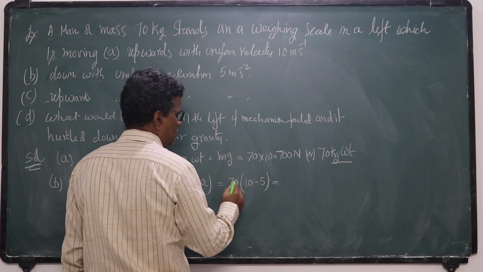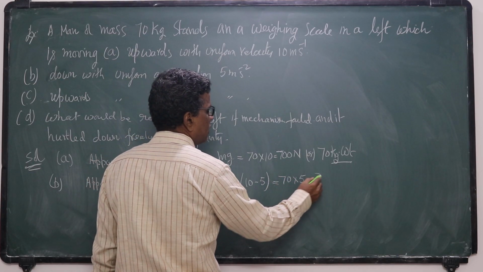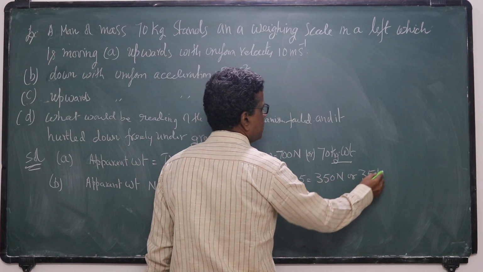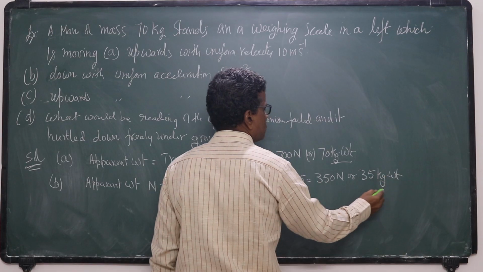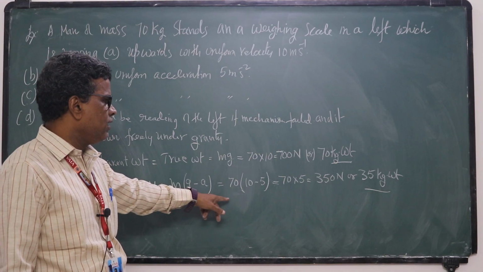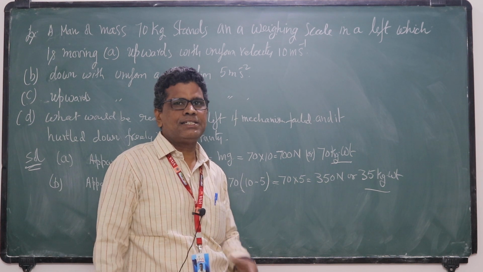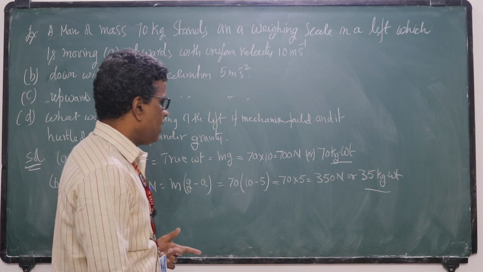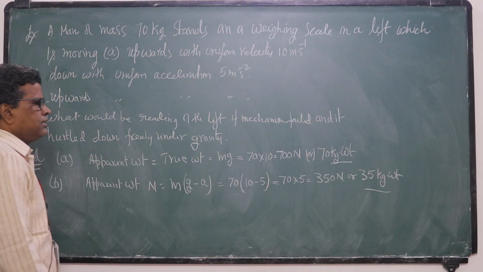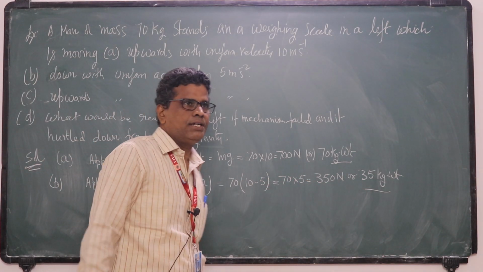So that is 70 into 5, that is 350 newtons or 35 kg weight. So when the lift is moving down with an acceleration 5, the reading shown by the weighing machine is 35 kg weight. Actual weight is 70 kg weight, and it shows only 35 kgs.